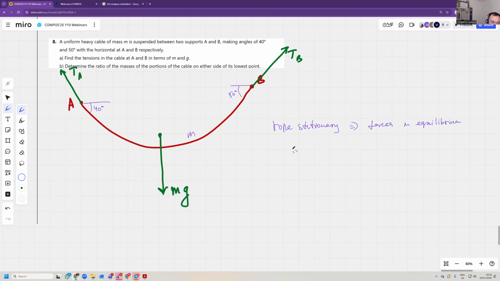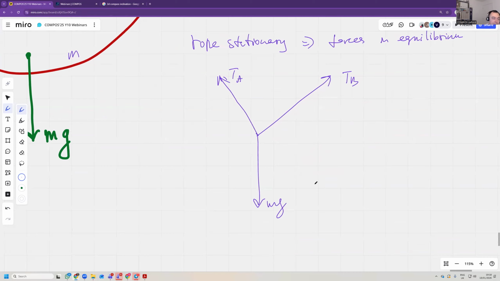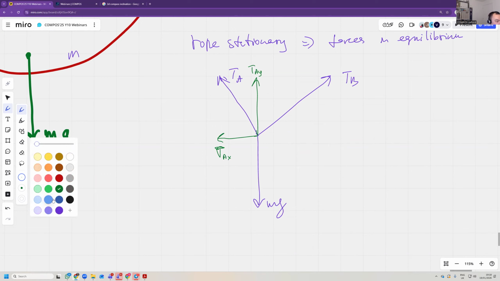So we can write down TA, TB, and mg. They must balance each other out. We're going to split TA into components, so TAY and TAX. That's the vertical and horizontal component.